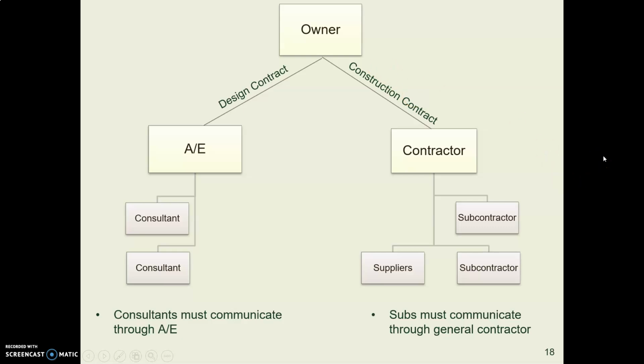So, for example, let's say you work for a steel design consultant. So you do steel detailing. And there's a subcontractor who is a steel fabrication sub who does handrails.